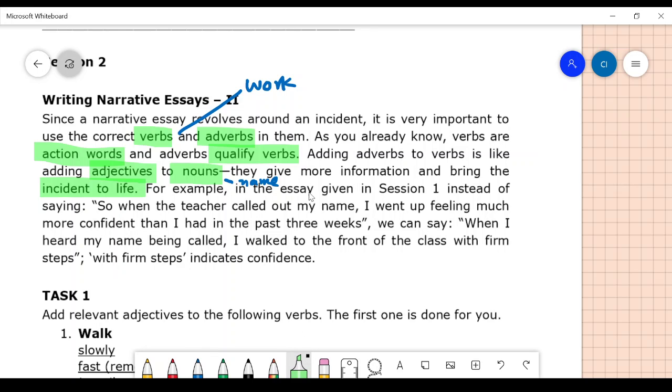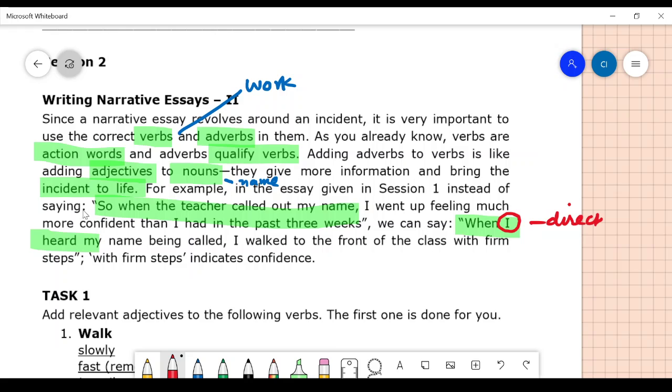For example, in any essay given in the session, instead of saying, so when the teacher called out my name, I went up feeling much more confident than I had in the past 3 weeks, you can say, when I heard my name. So here it is I, a direct talk.